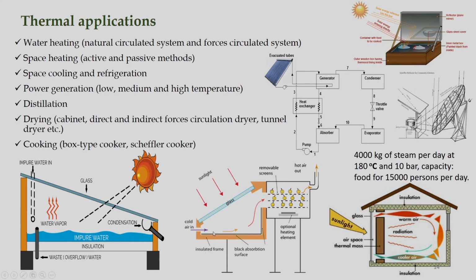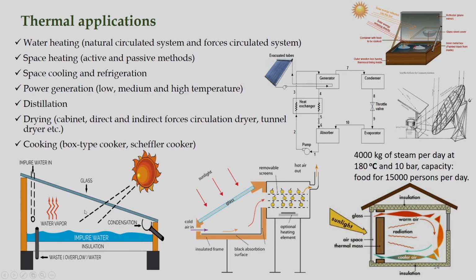Air injection will be there, and the glass cover will be here, air will be heated up, and that heated air will circulate through these trays, and finally humid air will pass through this exit pipe, and we can dry the samples. Sometimes optional heating elements are also installed, because in bad weather we will not continuously receive solar radiation.